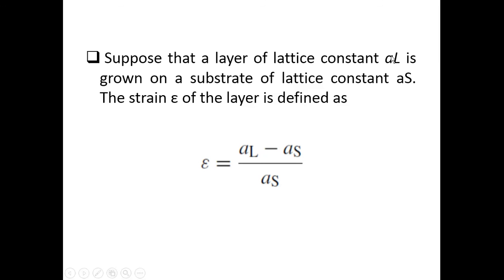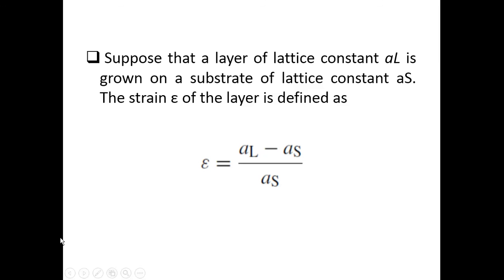Suppose that a layer of lattice constant Al is grown on a substrate of lattice constant As. The strain epsilon of the layer is defined as, what is the strain epsilon? The strain on the interface of two dissimilar materials like indium arsenide, indium gallium arsenide, indium aluminum arsenide or gallium arsenide.